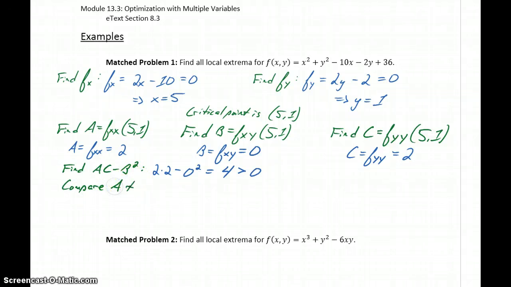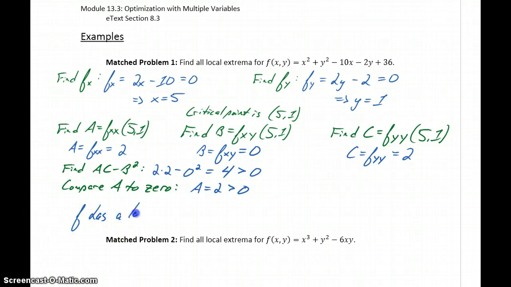So we compare our value for a to 0, and in this case our value for a was 2. So our expression ac minus b squared is greater than 0, and a equals 2 is greater than 0. So if we go back to what we mapped out for that second derivative test, this tells us that this is a local minimum.